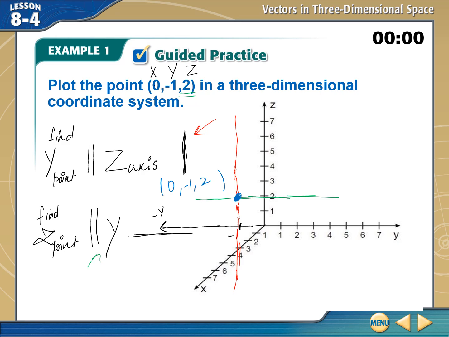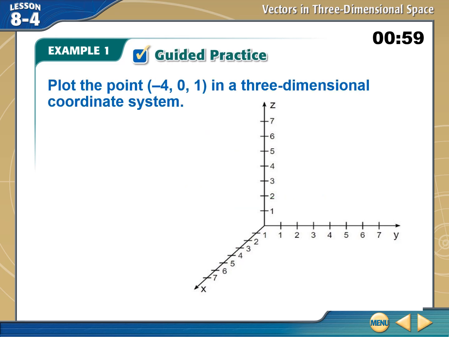Okay, another point is -4, 0 and 1. So understand one more time. The x coordinate is given to you, the y coordinate is 0 and the z coordinate is given to you. So you will just plot the x coordinate and make it parallel to z.